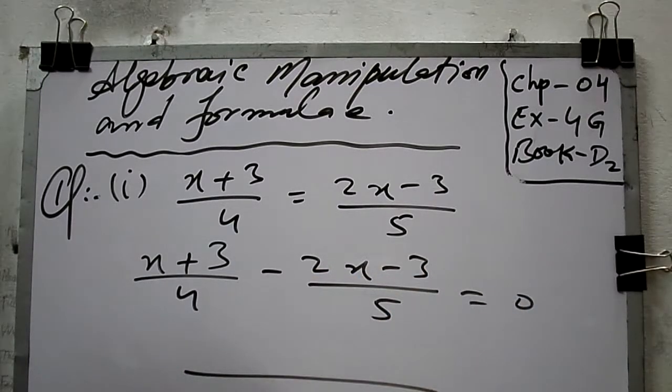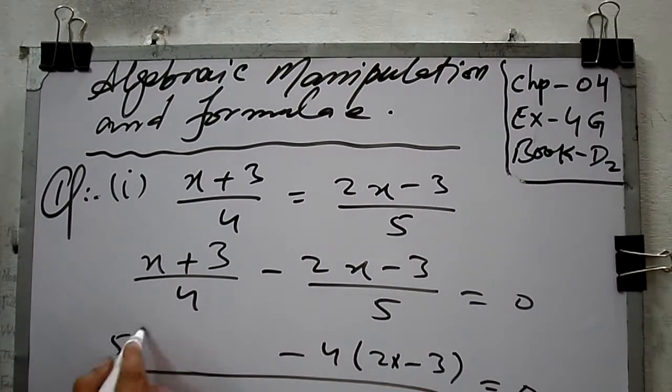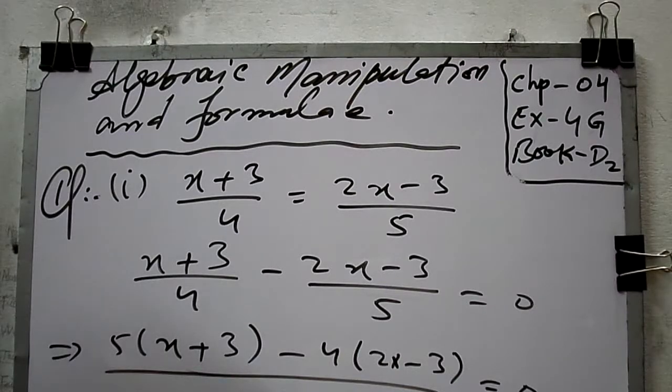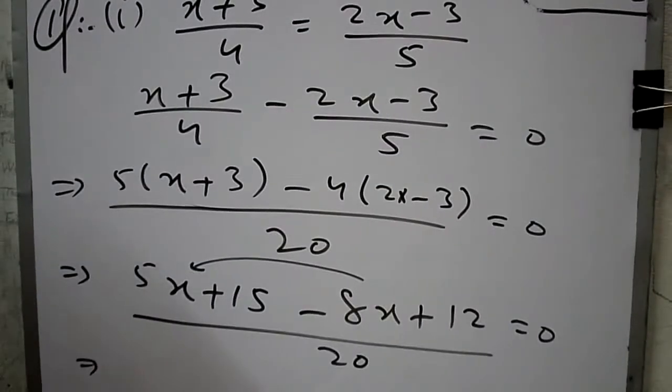So taking LCM, that is 20, 5 into. The LCM methodology is well familiar to you. So there's 5x plus 15, 8x is equal to 0. By using cross multiplication, 20 will become 0. So similar terms will be added and subtracted.